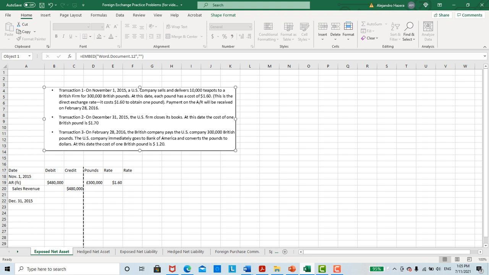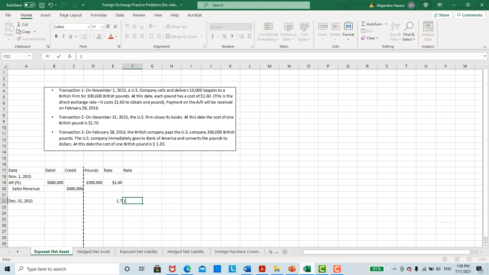So the current rate here is 1.7. The value of the pound changed from $1.60 each to $1.70, which means that those 300,000 British pounds, each one's worth 10 cents more. So you're going to record a gain on your income statement of 10 cents per pound.